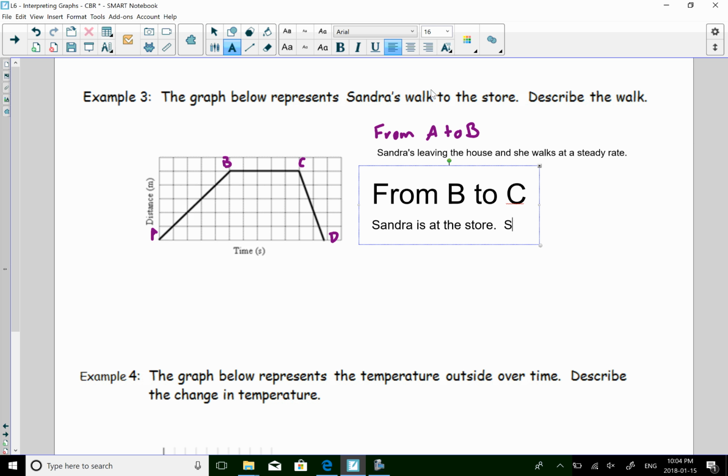She is purchasing her items. That's why she's not moving away from home.